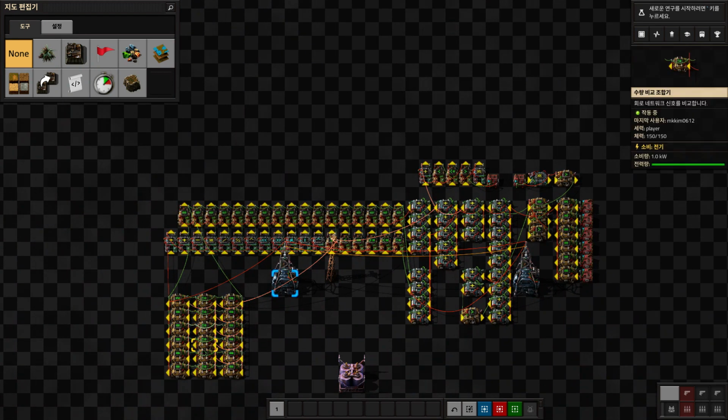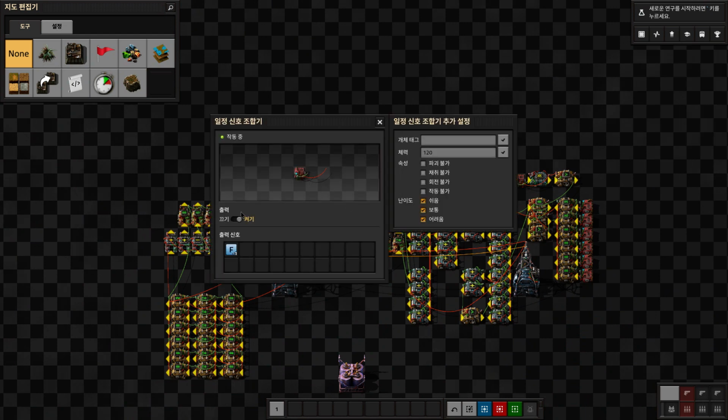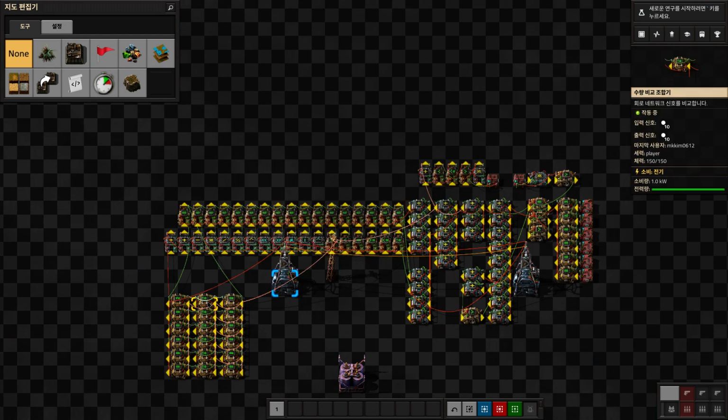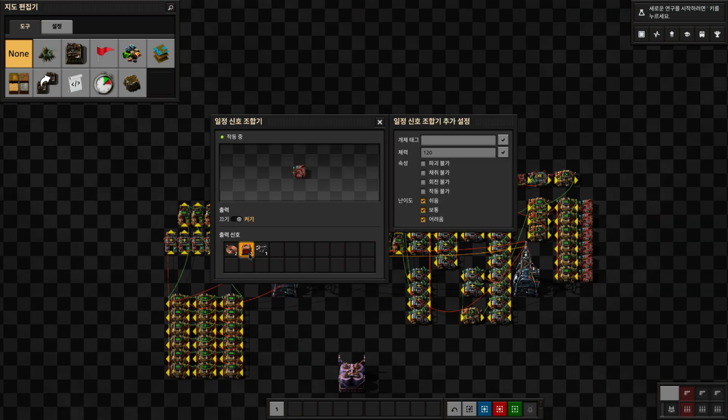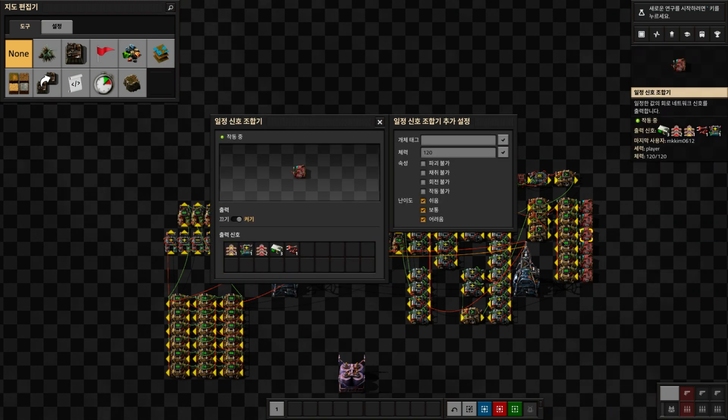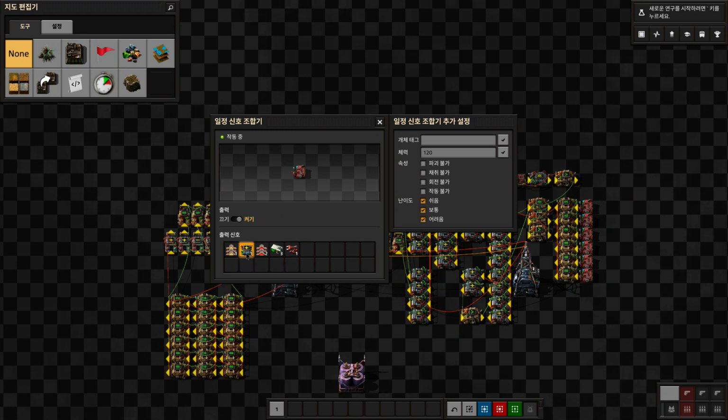So index 1 is 10, index 2 is 7, and index 3 will be 1 plus 2.